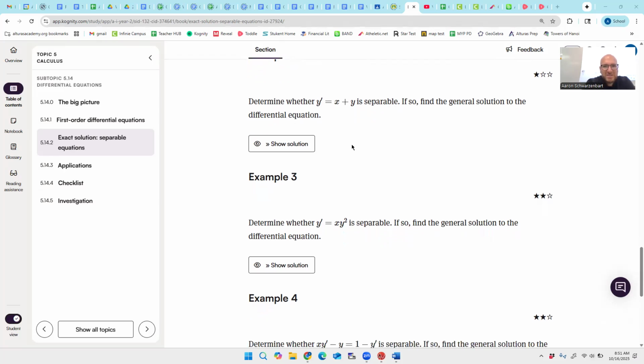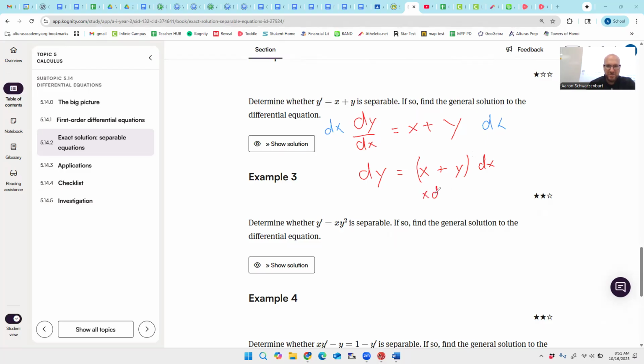So determine whether this is separable. I can easily multiply both sides by dx, right? And please, please, please do not forget parentheses.